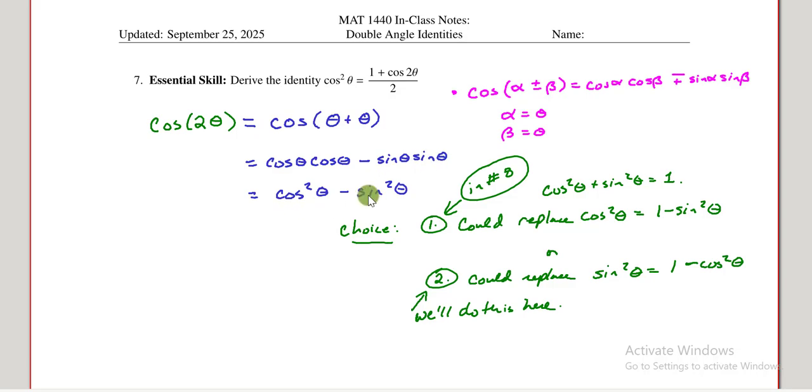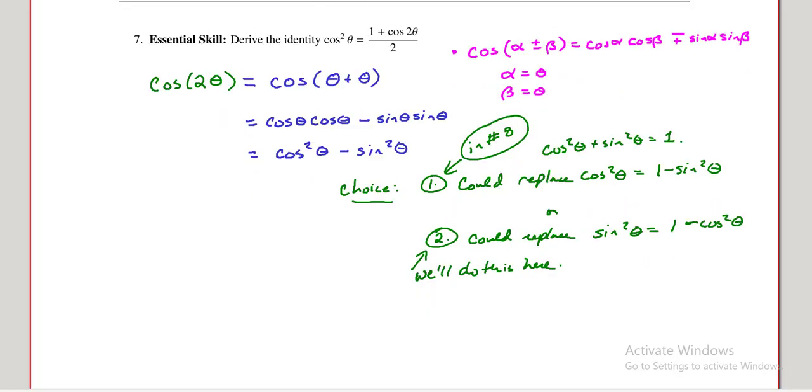And you'll see here that we have most of the elements that we're looking for in the expression that we want to derive, except that we do not want a sine squared theta to show up in our final derivation. So I'm going to replace sine squared of theta with 1 minus cosine squared theta. So let's try that here.